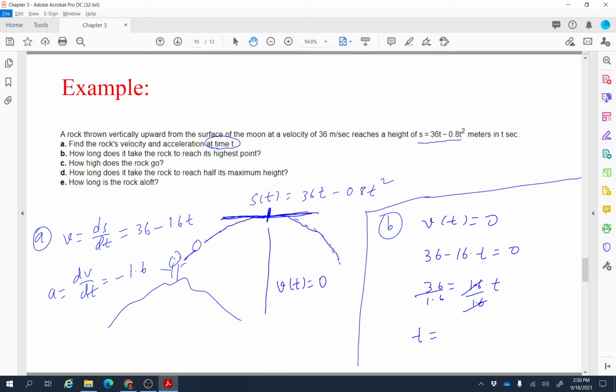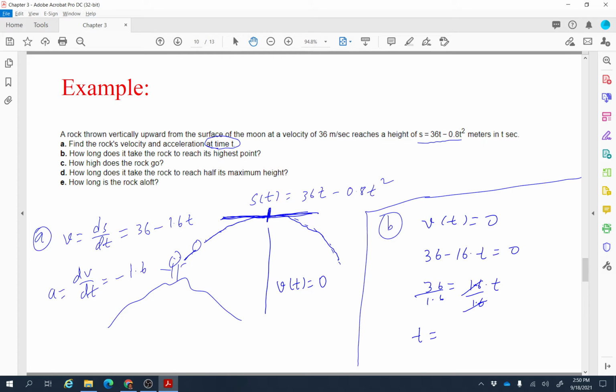I'm using my calculator to divide 36 by 1.6, and that's giving me 22.5.